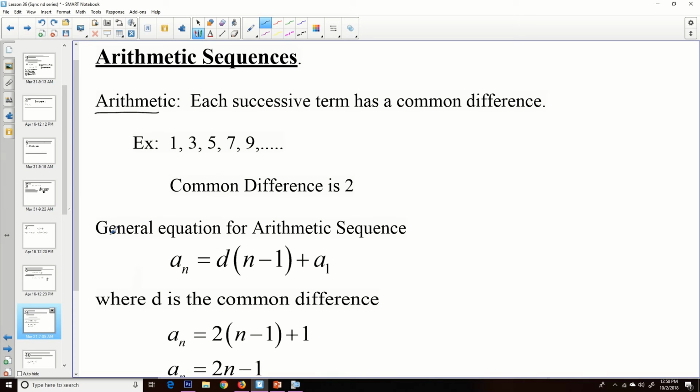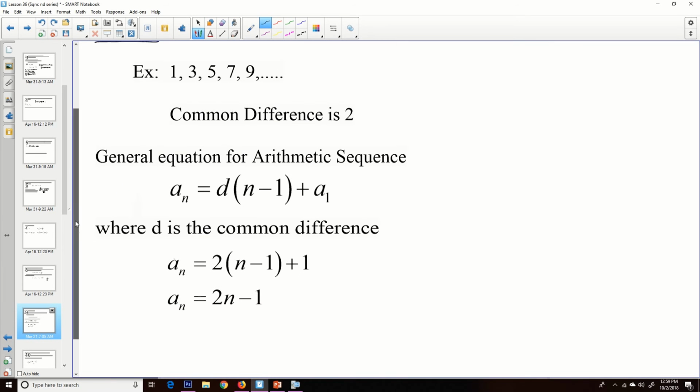Now we can come up with a general equation for an arithmetic sequence. In this particular instance, it's going to be a sub n is equal to d, the common difference, times n minus 1 plus a sub 1. So if we take this first example of an arithmetic sequence, we can say the common difference is 2, so we'll plug that in there.